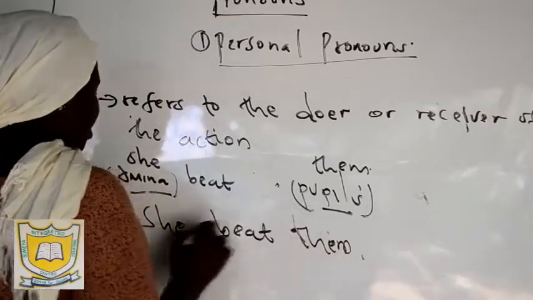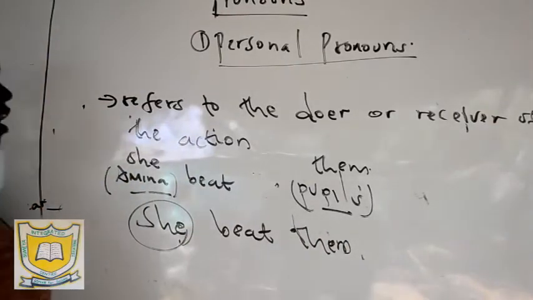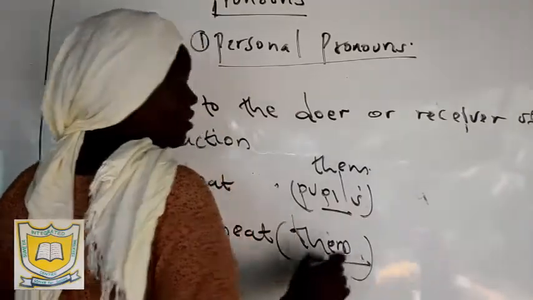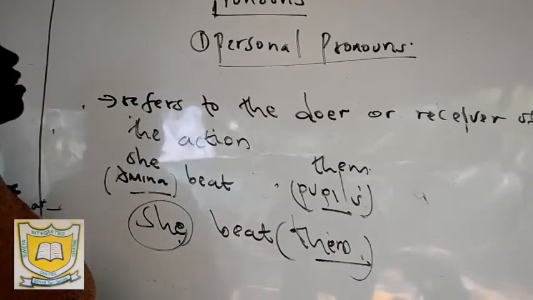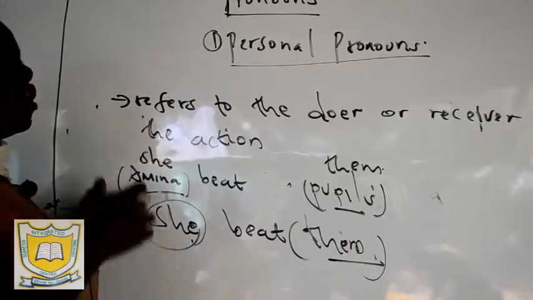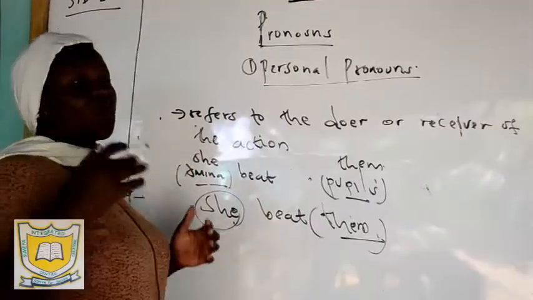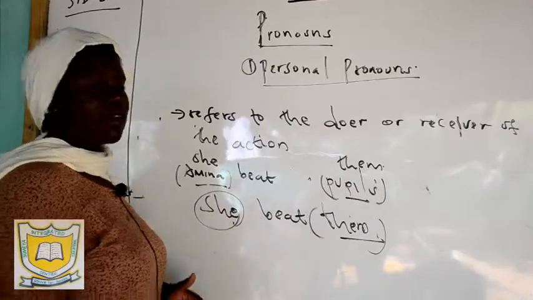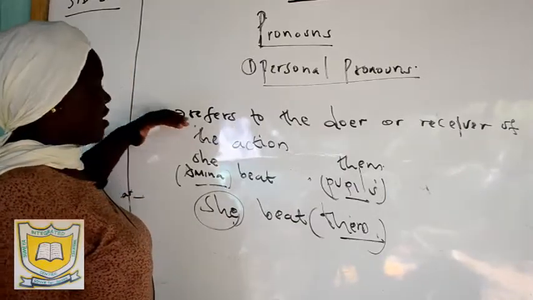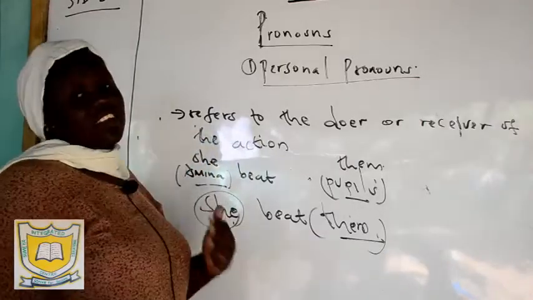Now she is the doer of the action, and them is the receiver of the action. So if we say personal pronouns refer to the person doing and performing an action in a sentence, or to whom the action is being performed, we say in simple words, you can simply say it refers to the doer or the receiver of the action in a sentence.